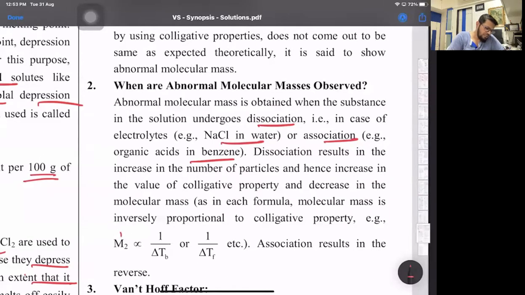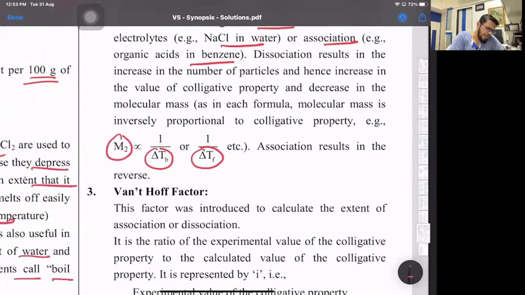We all know molar masses are inversely proportional to the colligative properties. So we have a factor given by the chemist called the Van 't Hoff factor, denoted by i, which is the observed particles upon the theoretical particles. So we can have it as delta P observed upon delta P theoretical, or delta Tb observed upon delta Tb theoretical, or delta Tf observed upon delta Tf theoretical, or pi observed upon pi theoretical.